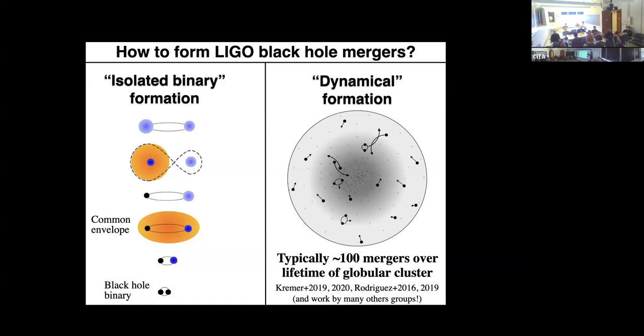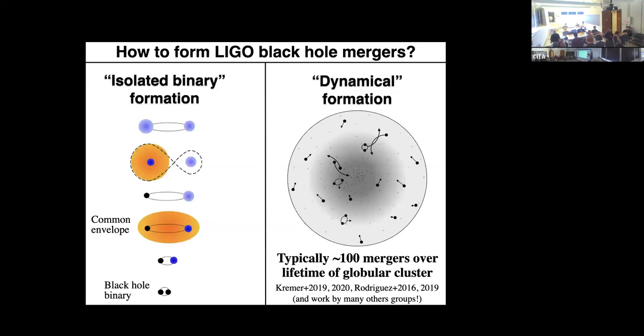And then the other major channel, there are many others as well that I'm not going to go into, is dynamical formation. Here, instead of a pair of black holes forming together through a pair of initially bound massive stars, two black holes can form separately through two initially unbound stars and then later be paired up through dynamical encounters.